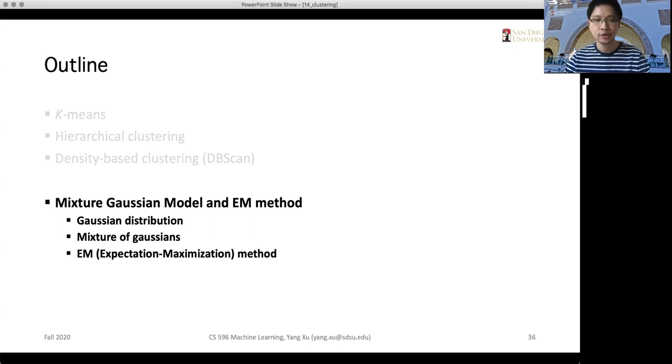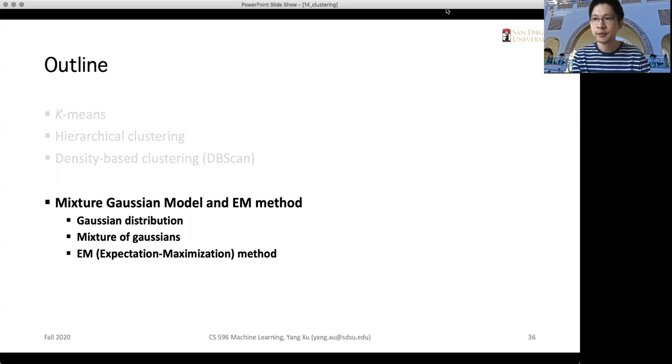With each cluster, there can be a probability that indicates the likelihood that this data point is from that cluster as opposed to the other clusters.